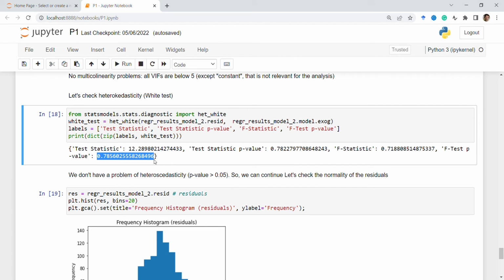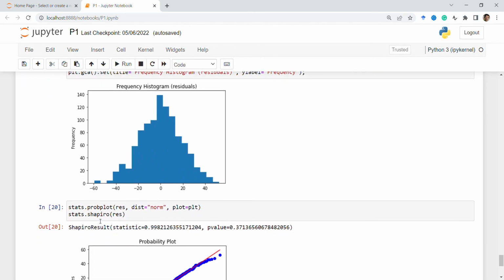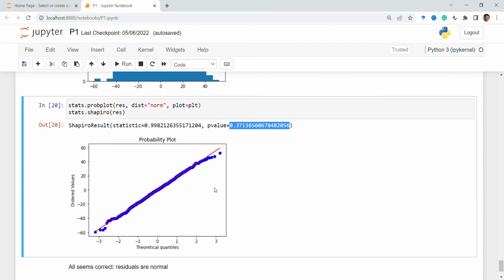There is no dependence of the variance of the residuals on the predictors or the predicted variable, and also the residuals look Gaussian, and the Shapiro-Wilk test doesn't reject the hypothesis. The p-value is again high enough, so we don't reject the hypothesis that the residuals are Gaussian.